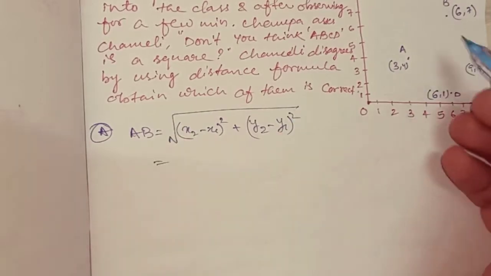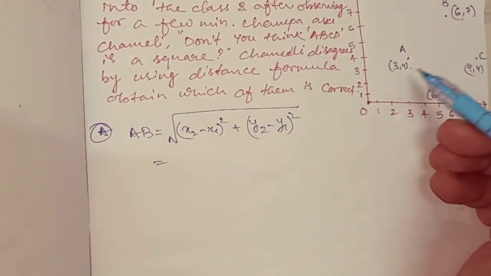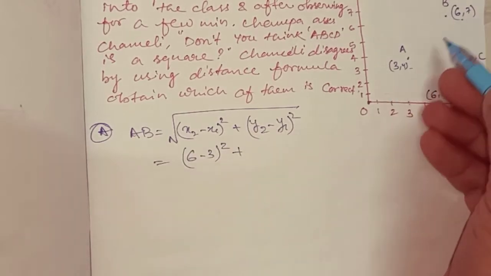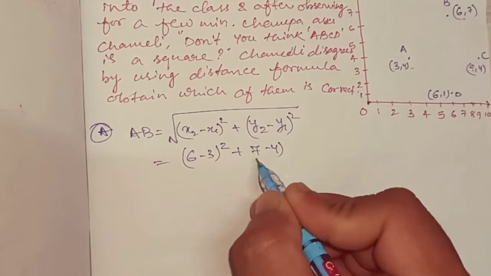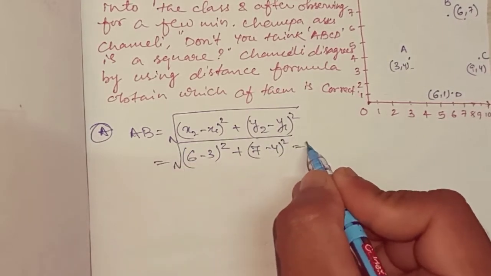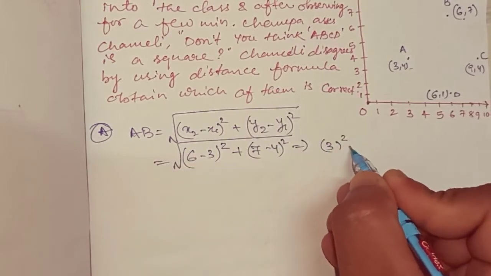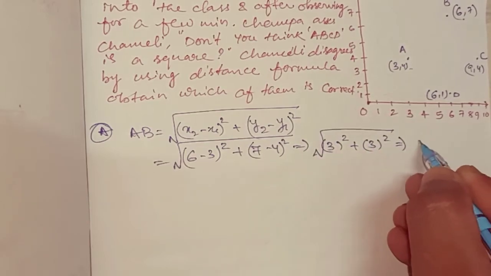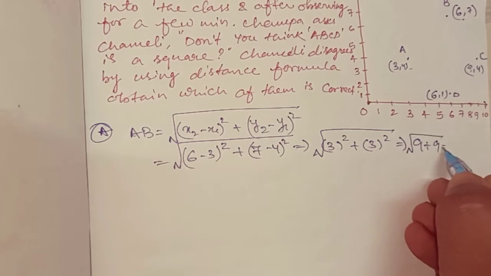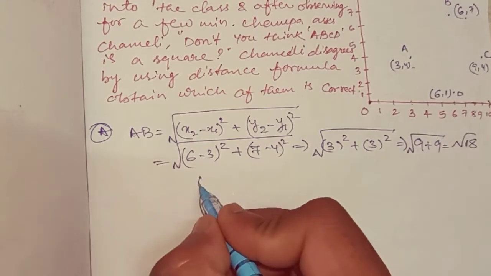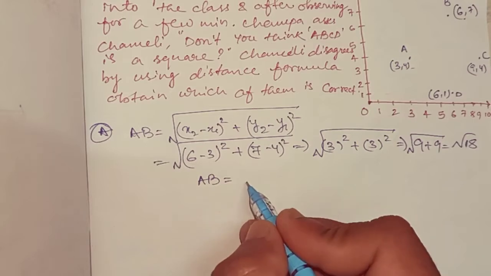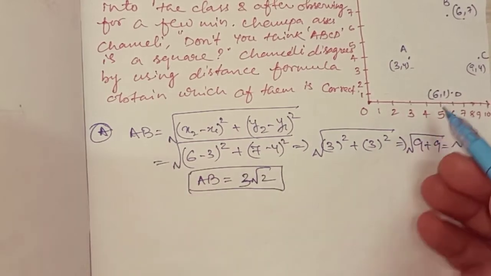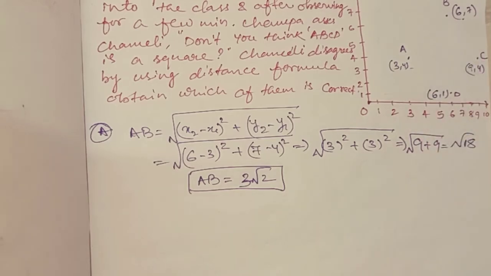Here x2 is 6, x1 is 3, so it is the square root of (6 minus 3) whole square plus (7 minus 4) whole square. 6 minus 3 is 3 squared, plus 7 minus 4 is 3 squared again. That is 9 plus 9, which is root 18. So the distance AB is 3 root 2.